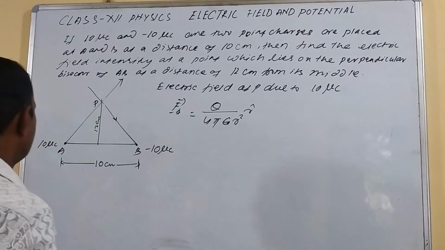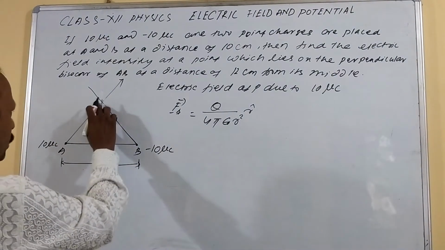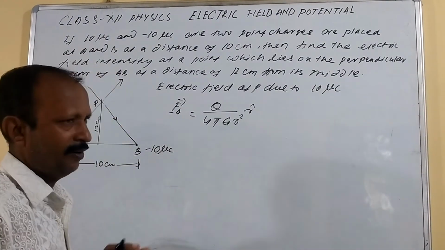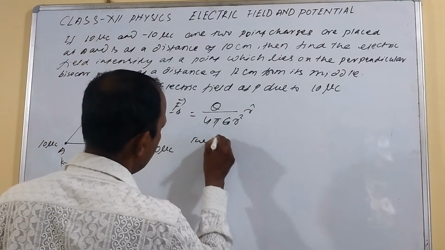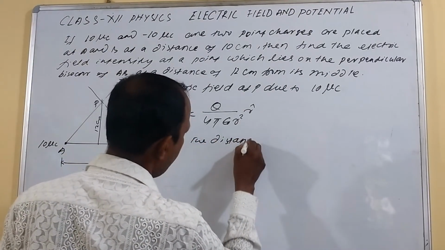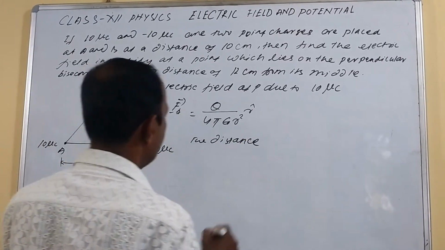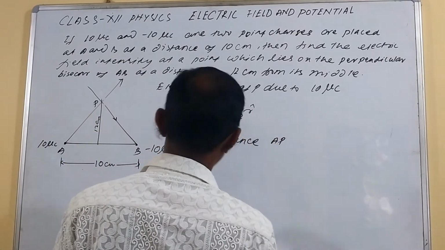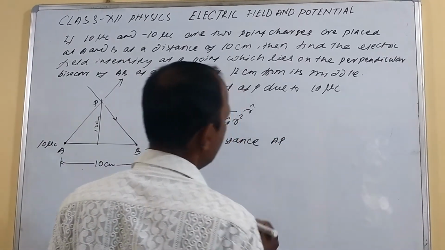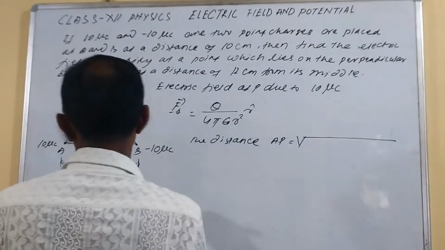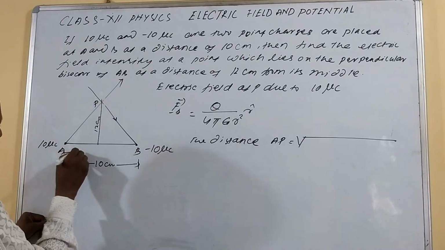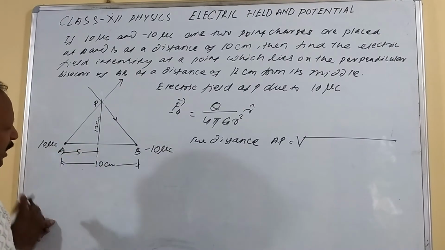But from A to P, I have to find the distance first. See here. The distance AP is equal to, here to here is 5. This is the midpoint.